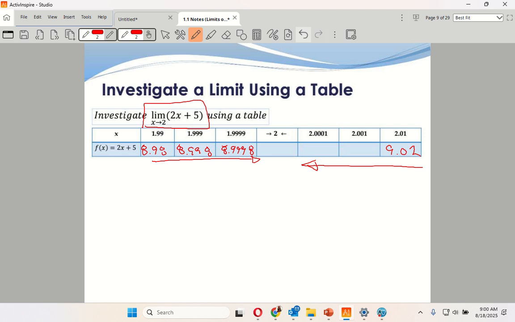Next one's going to be 9.0002. All right, as I'm looking at it, approaching from the left and approaching from the right, what is both of these approaching? 9.0, right? So these are my x's, these are my y's. So that is my outputs on that.